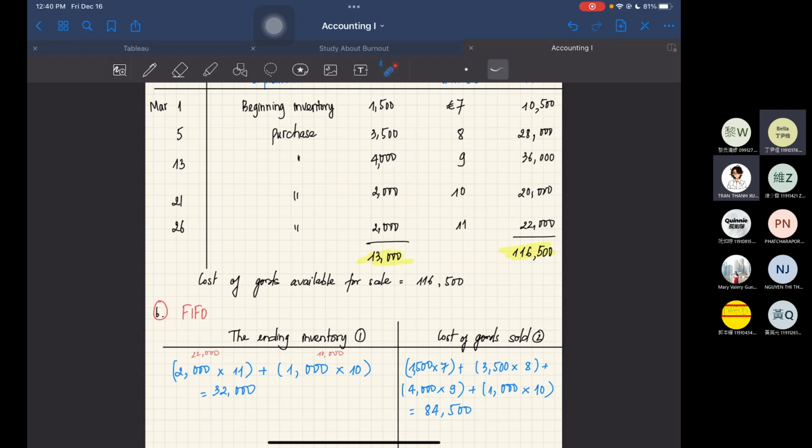You got it? Not really. I mean, in the question it's like 2,000, right? It doesn't matter how many items it has. Right now, I need 10,000 items in this calculation. Because it's first in, first out, I have to take from the beginning inventory until the latest purchase.